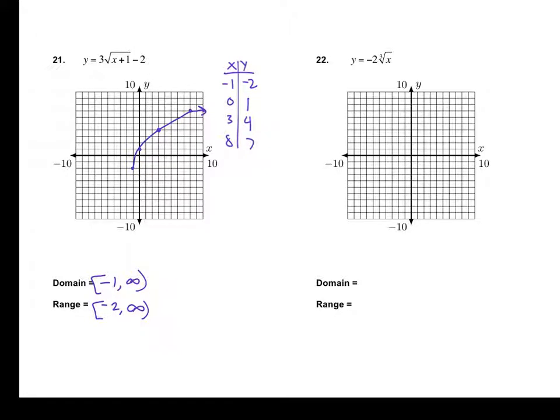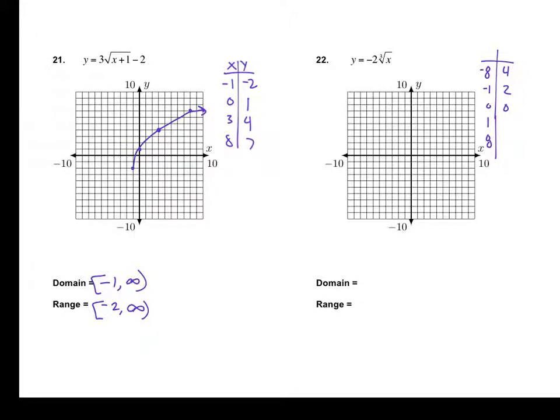And our final one, we've got another cube root with just x underneath. So negative 8, negative 1, 0, 1, and 8. Cube root of negative 8 is negative 2, times negative 2 is 4. Cube root of negative 1 is negative 1, times negative 2 is 2. Cube root of 0 is 0 times negative 2 is 0.